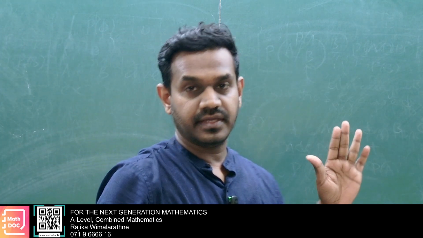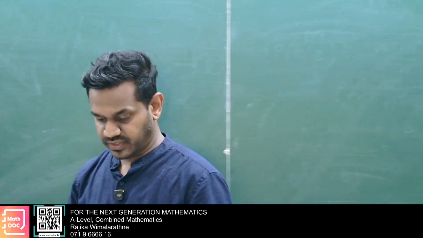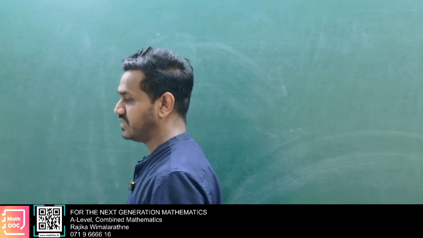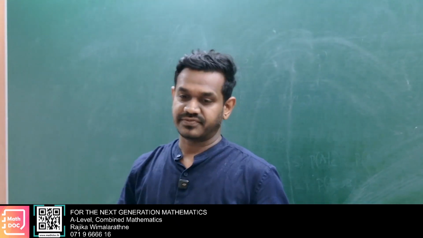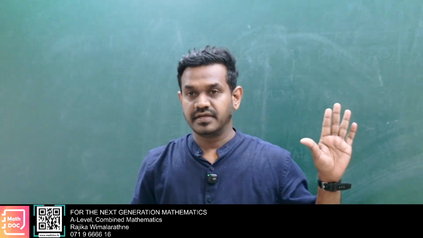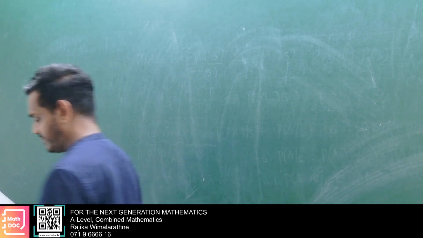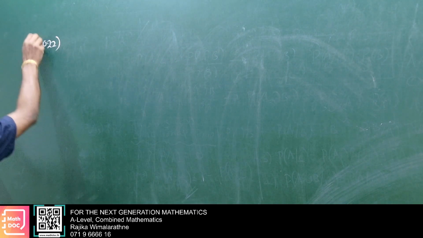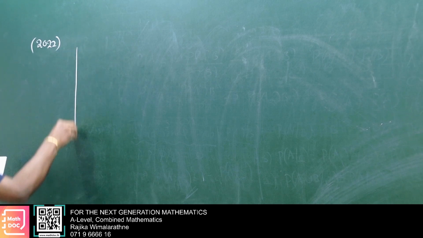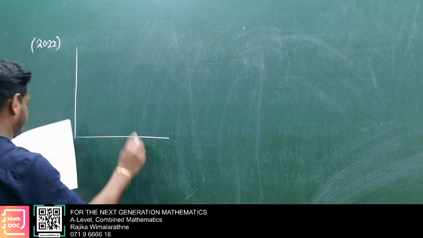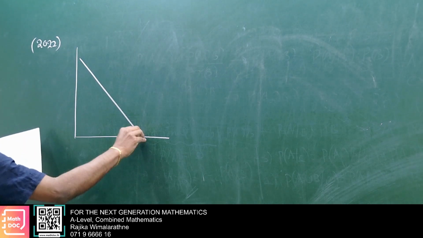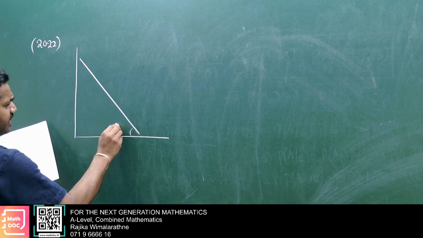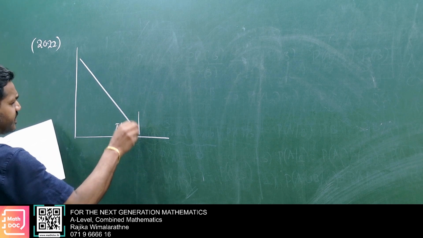Okay. Then let's move to 2022 A-level question. 2022 A-level correction friction 1. Do with me. 2022. Here is figure given. So here angle pi divided by 4.